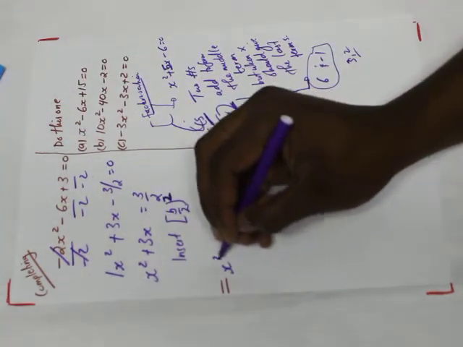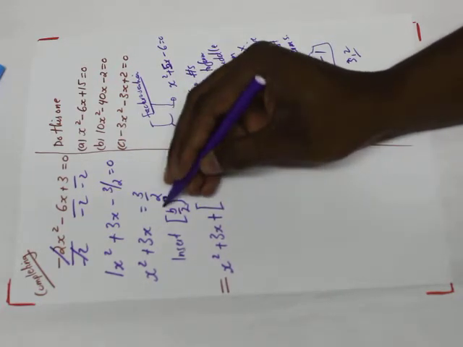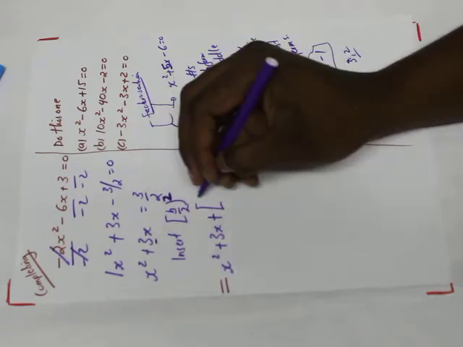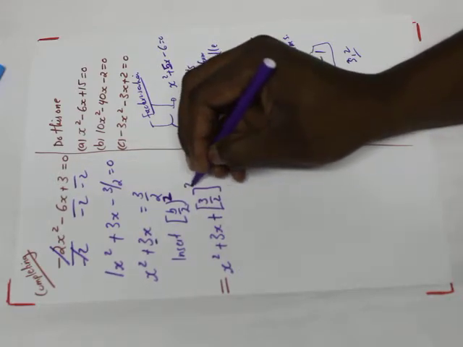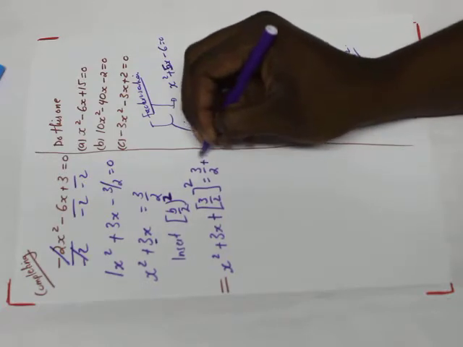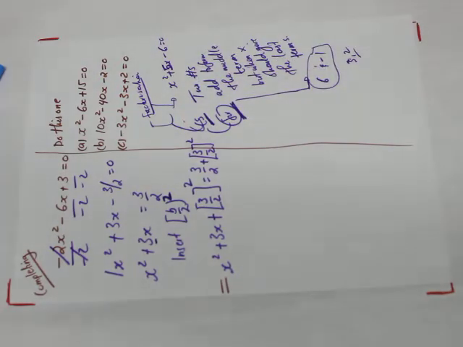So we have x squared plus 3x, then we insert b squared. B is the coefficient of the middle term, which is 3, so we have 3/2, always squared, is equal to 3/2 here, plus we do the same 3/2 squared.